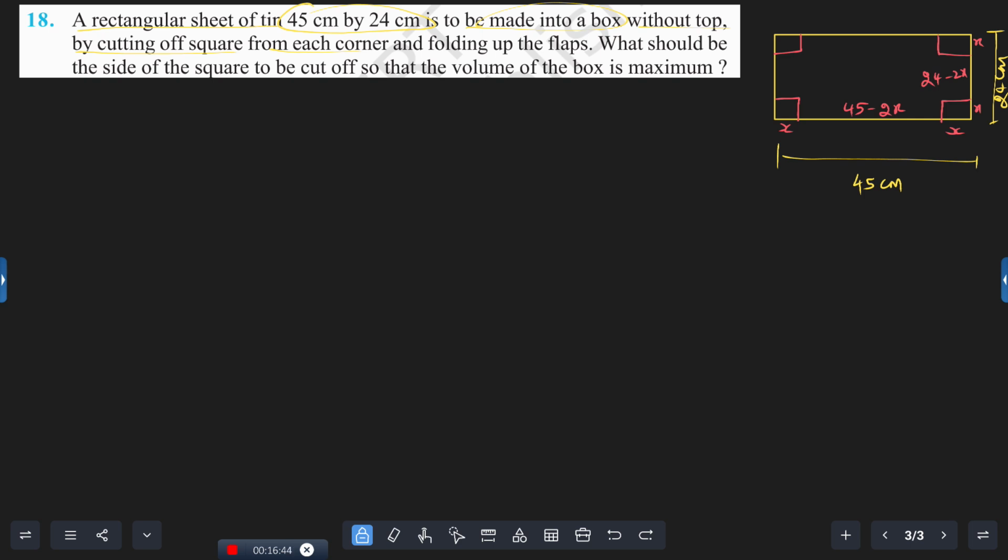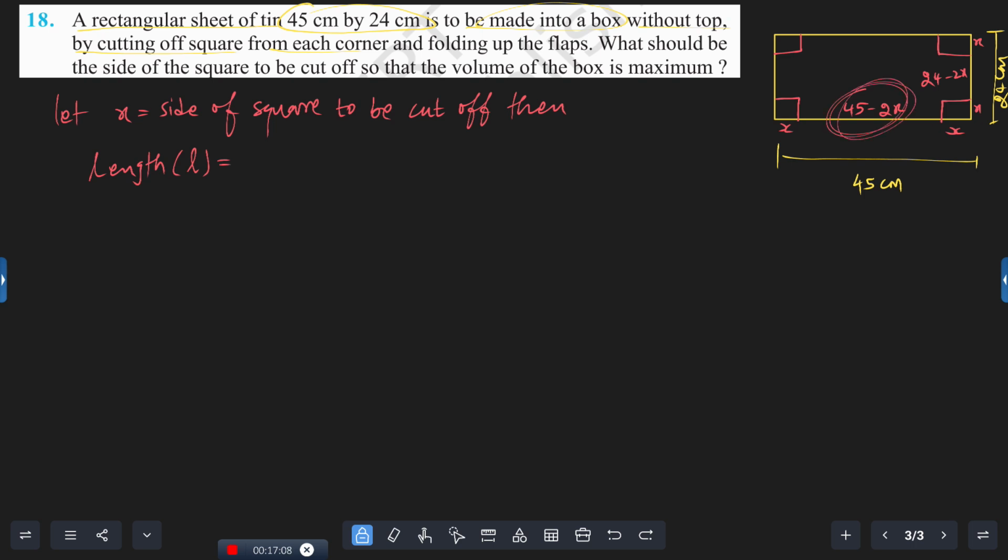Have you understood? Then first you write: let x be the side of the square to be cut off. The length of the rectangle, L, is 45 minus 2x.